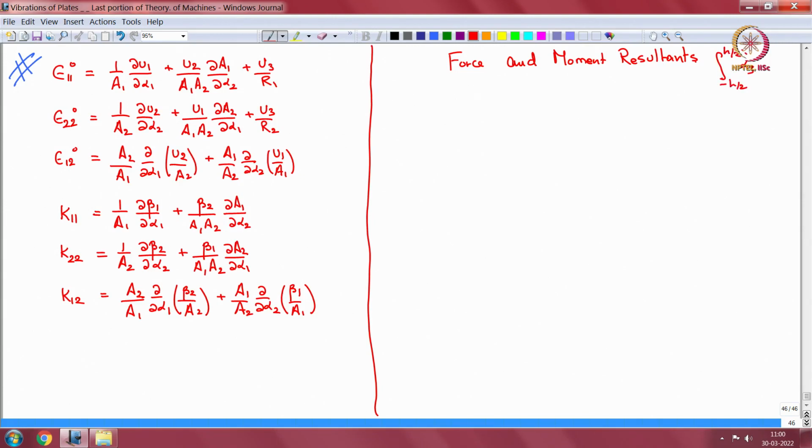So we will formulate them ahead, so we will formulate them right away.